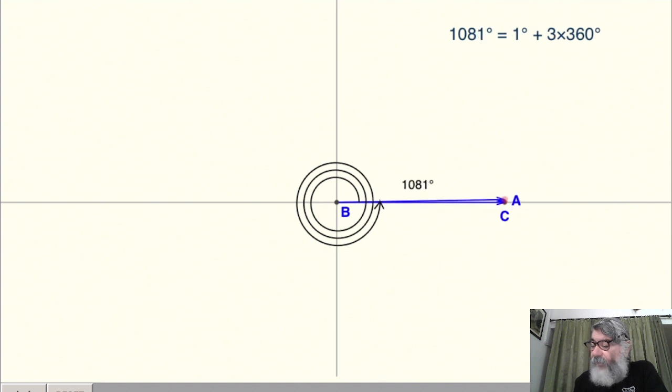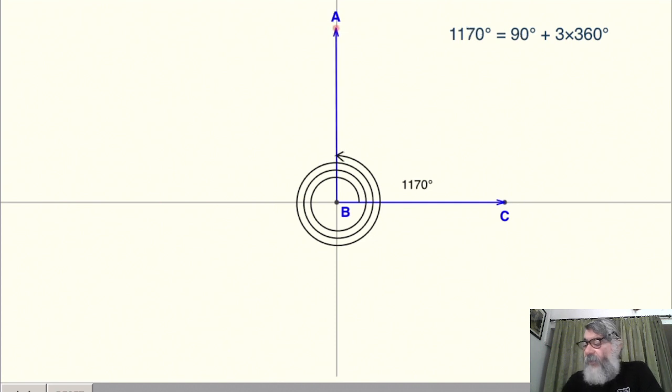If I move it further, one more round I'll take and then I'll do away with it. It has come to 1170. You see, 3 into 360 plus 90. It has completed 3 complete revolutions. So 3 into 360 plus 90 is giving me 1170.